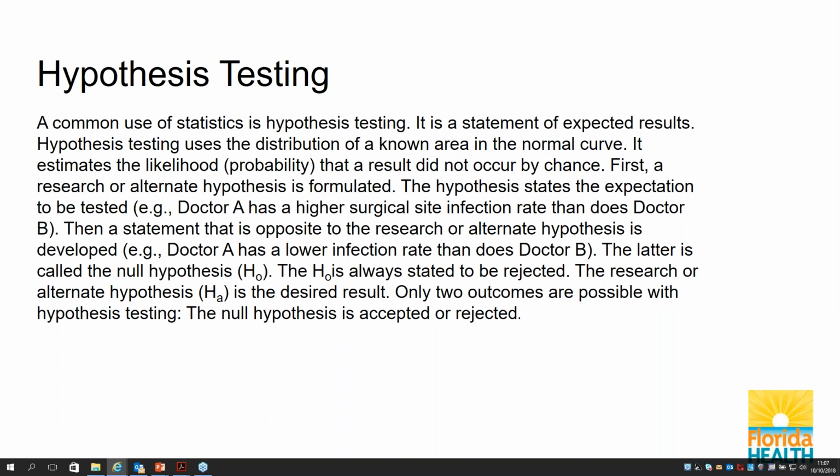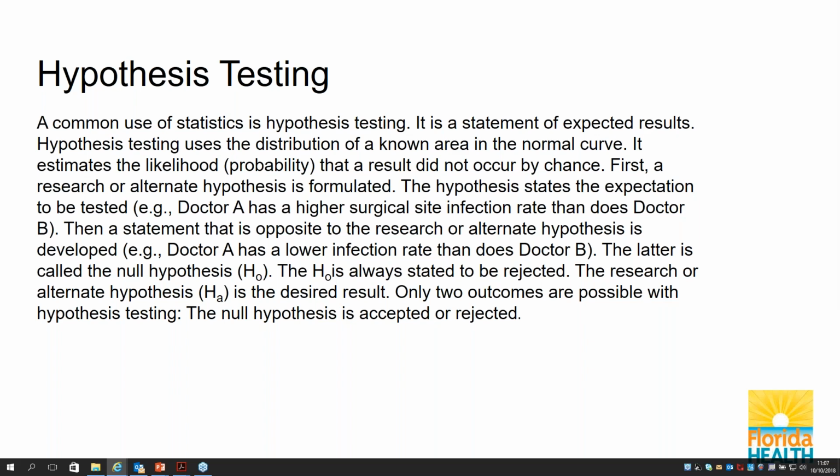The hypothesis states the expectation to be tested. For example, Dr. A has a higher surgical site infection rate than Dr. B. Then a statement that is opposite to the research or alternate hypothesis is developed, like Dr. A has a lower infection rate than Dr. B does. The latter is called the null hypothesis.